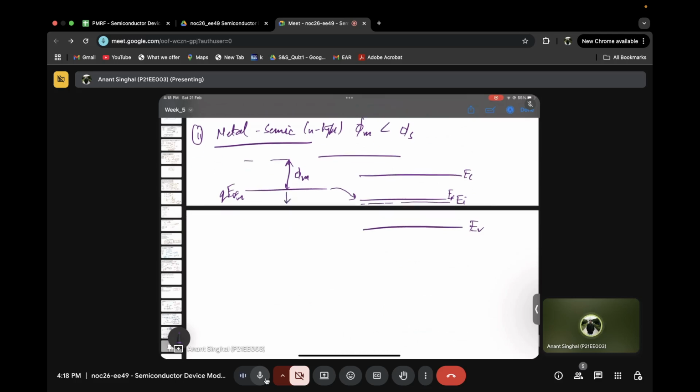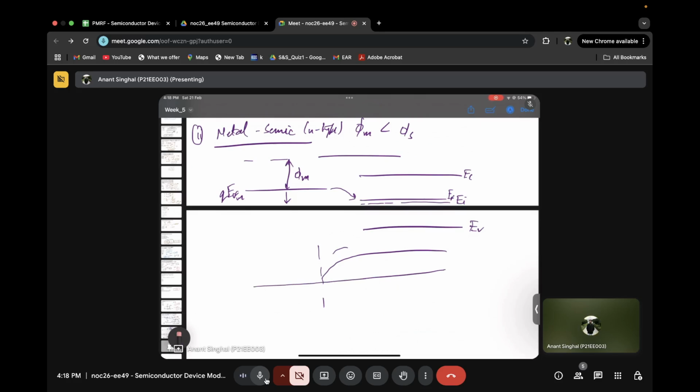Are you able to understand this? Yeah. So if this part will go down, what will happen at the junction? We will not see any barrier. So now the electron can quickly come over. Okay, so let me make the aligned Fermi level. This is the Fermi level.